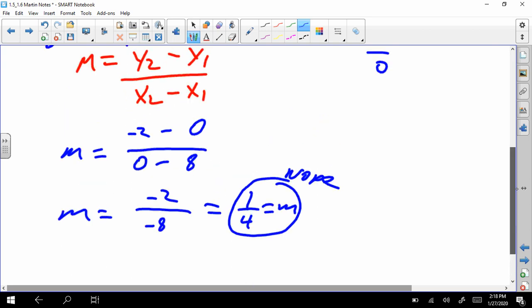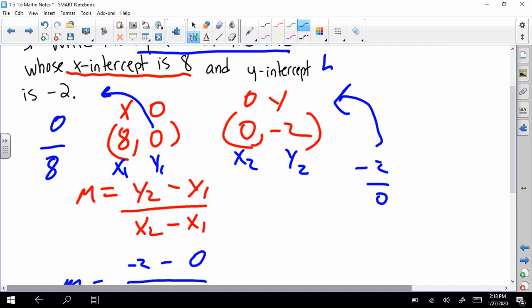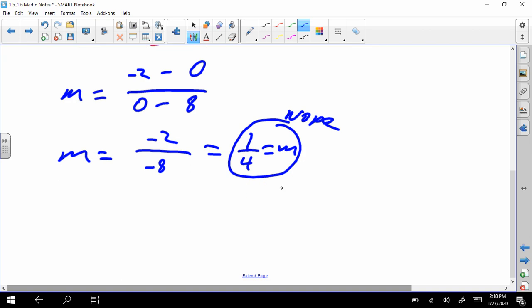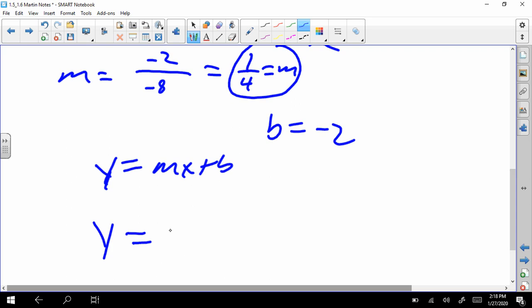Or I can know that in y equals mx plus b, b is the y-intercept, and my b is negative 2. I know what my m is. I know that my b is negative 2. I should be able to directly write y equals mx plus b: y equals 1/4 x minus 2.